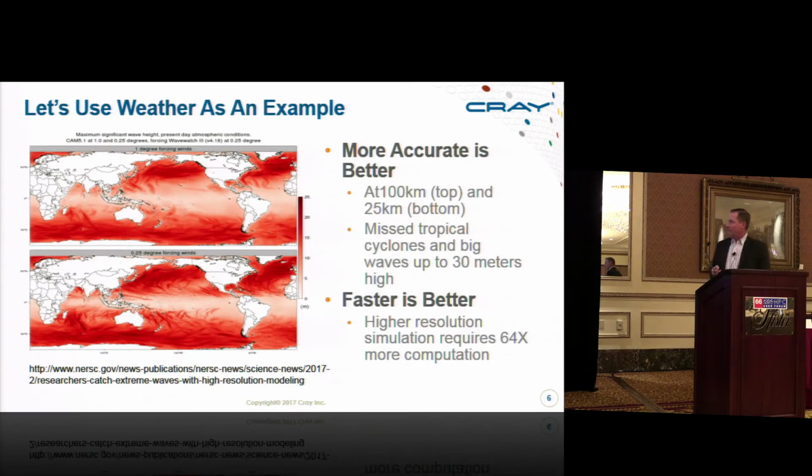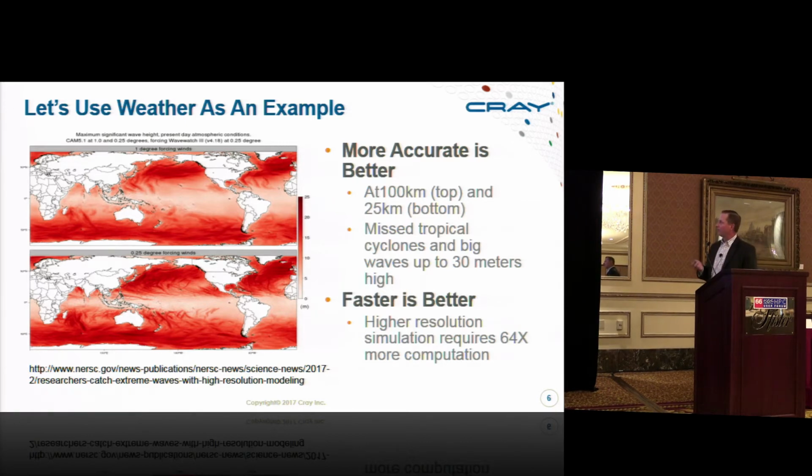All right, we're going to use weather as an example. At Cray, we like weather and people that predict weather. This is an example that NERSC did, based on traditional HPC simulation and modeling, but we know that more accurate is better. At 100-kilometer resolution on top versus 25-kilometer resolution on the bottom, there are certain things that you miss.